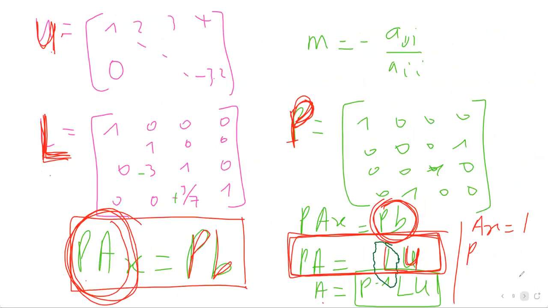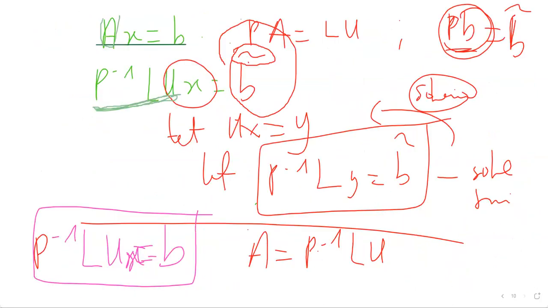What answer did you get? LUX is equal to PB. That is what I did.